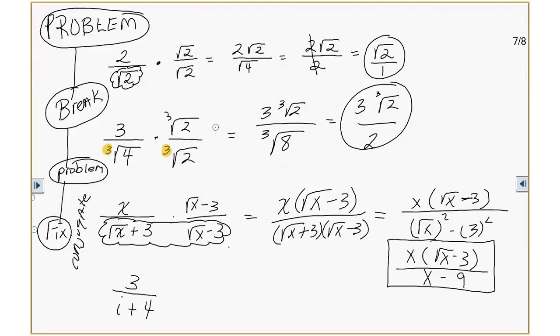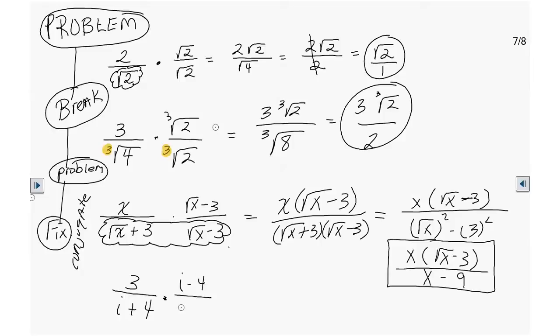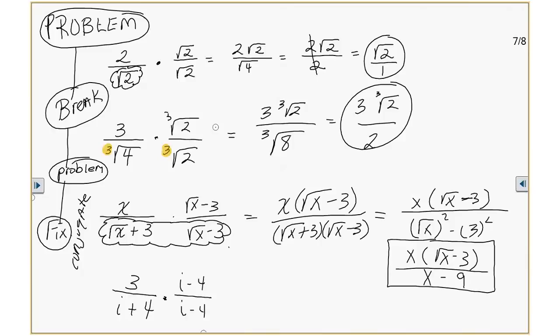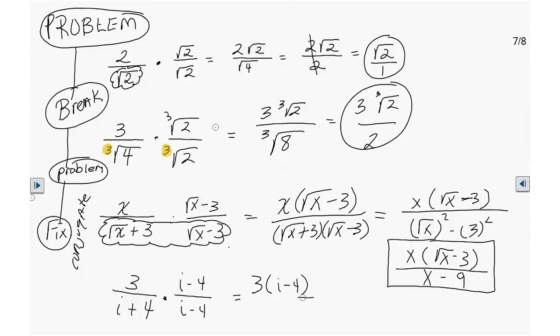Huh? I squared is -1, right? So it'll be I squared is -1, plus, it'll be -1 plus 16, won't it? It'll be about 15. I don't know. I'm just doing it in my head. So it'll be I minus 4 over I minus 4, which will give us 3 times I minus 4 over I squared minus 4 squared.